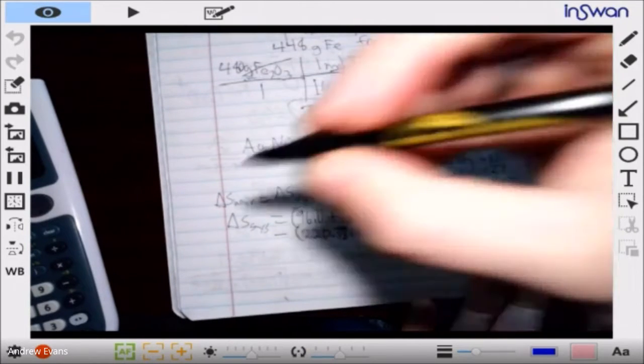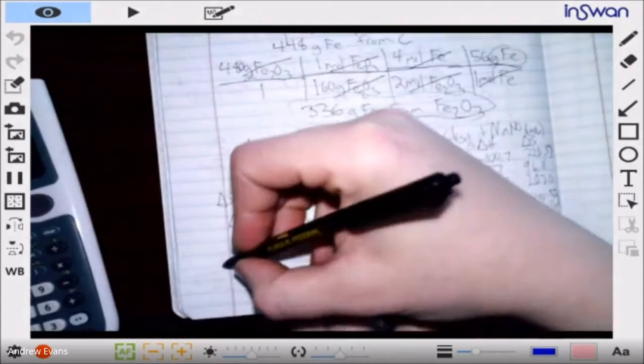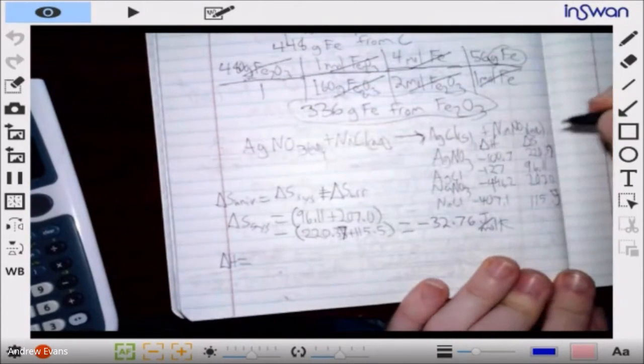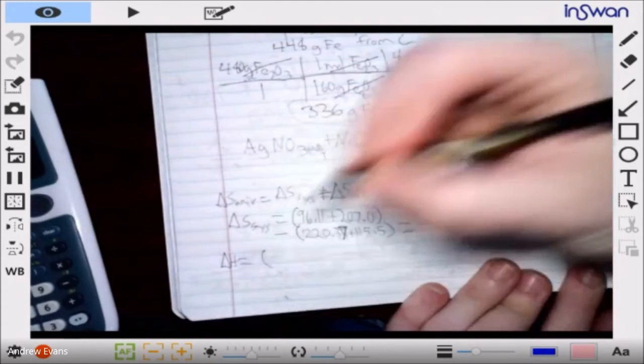So we're going to calculate the delta H. The delta H is just, once again, products minus reactants.